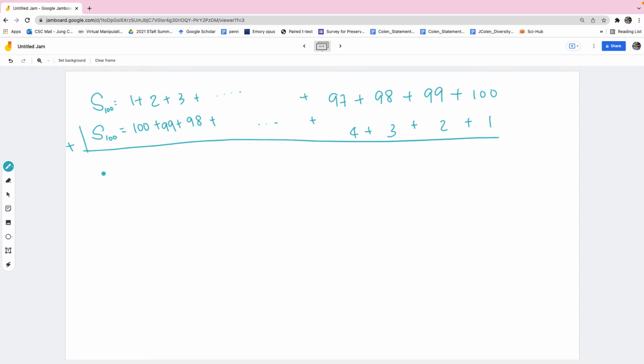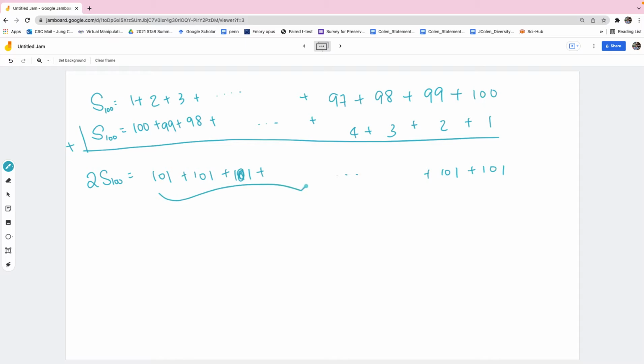I have two sums of 100, and 1 plus 100 is 101, 2 plus 99 is 101, 3 plus 98 is also 101. All of these sums in that column will be 101. Right?